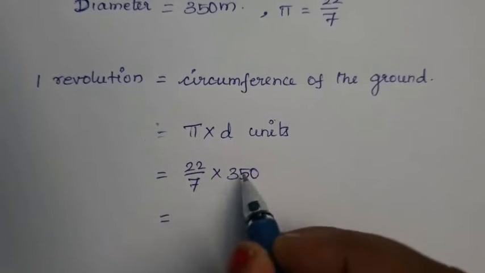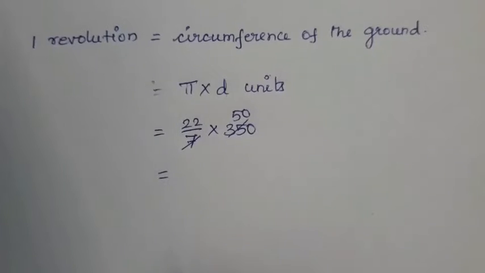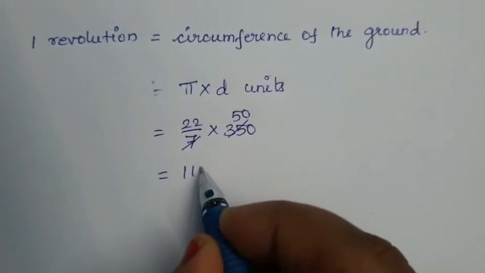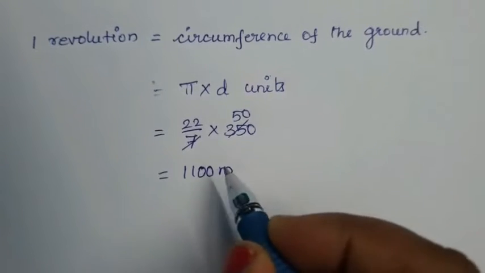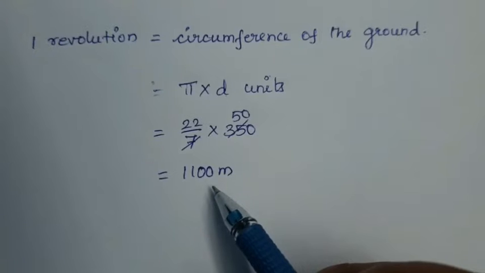By simplifying 350 by 7 we get 50 times. By multiplying 22 by 50 we get 1100 meter. This is the length of the circumference of the ground in one revolution.